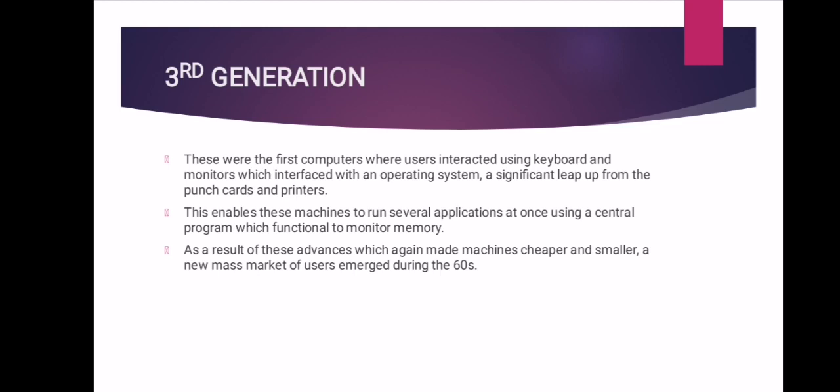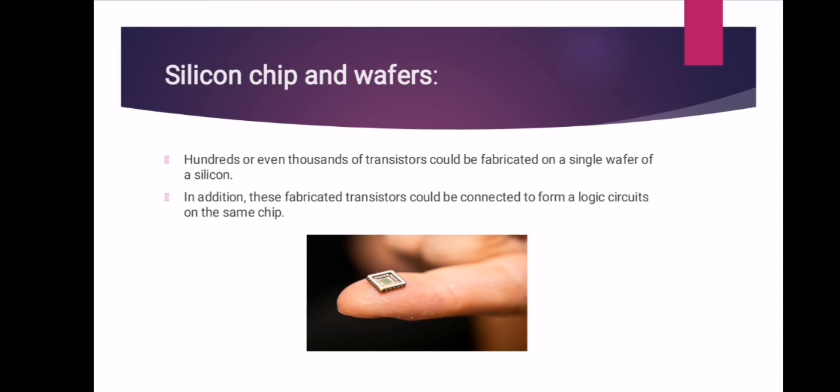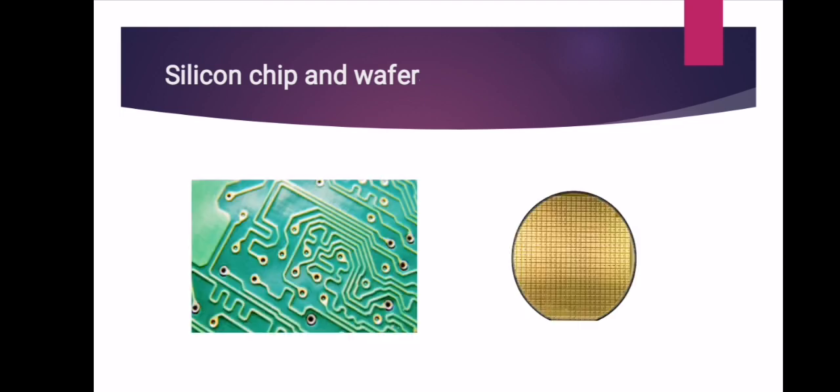The features of third generation computers were that they were more reliable and consumed far less power. Silicon chip. Hundreds or even thousands of transistors could be fabricated on a single wafer of silicon. This is the picture of a silicon chip and wafer.